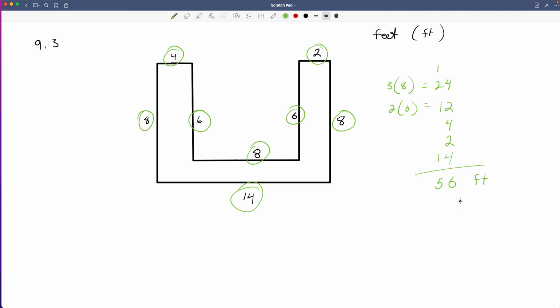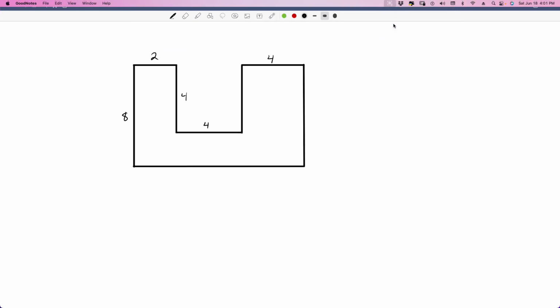If you were to take this side right here and bring it over, I'm going to just touch it. It is the same length as this side right here. So that tells me that this side right here is also 4. Right? So, I'm sorry, this is not 8, this is supposed to be 6.